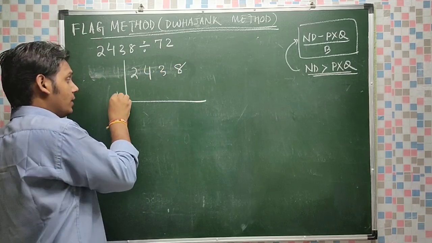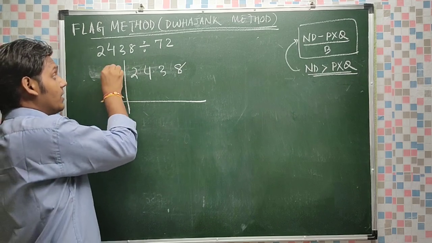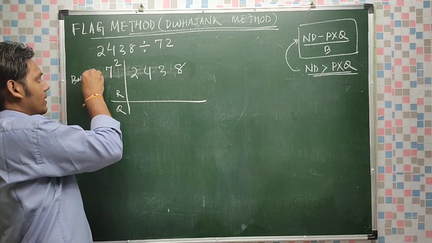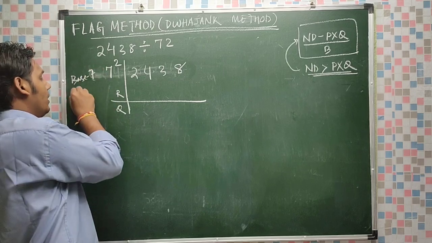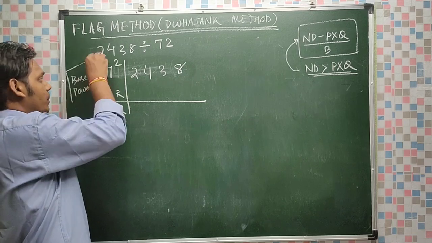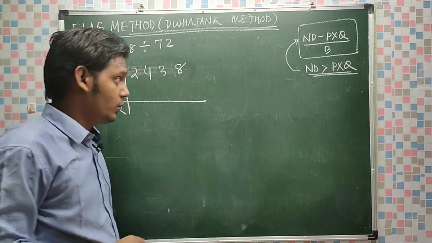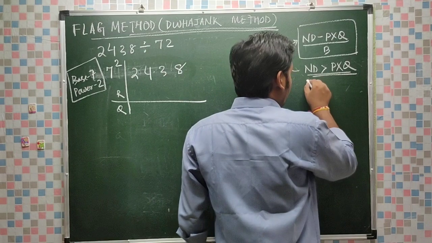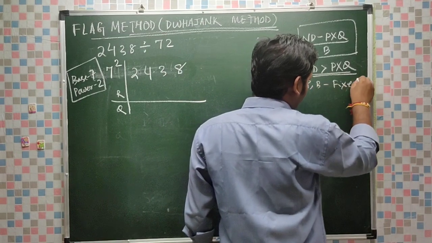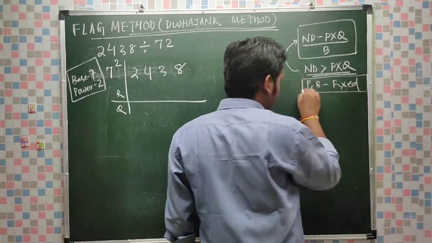Here the quotient, here the remainder. 7 power 2, here the base is 7 and the power is 2. This is fixed for the number. Power and base are fixed; the value will not change throughout the operation.